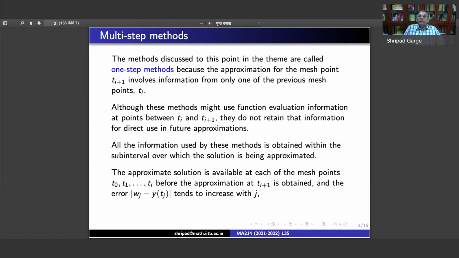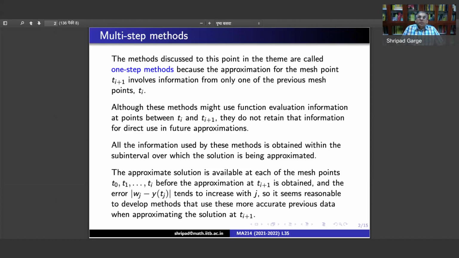So if you are looking at only Ti and compute Ti plus 1 from Ti, then the error tends to increase. Therefore, it seems reasonable to develop methods that use more accurate previous data when approximating the solution at Ti plus 1.